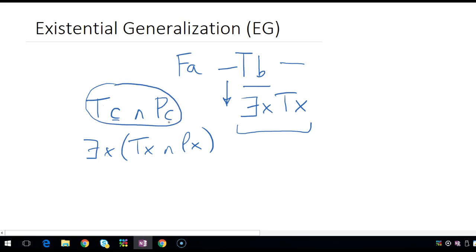You go from the constants or names of individuals to the variables.